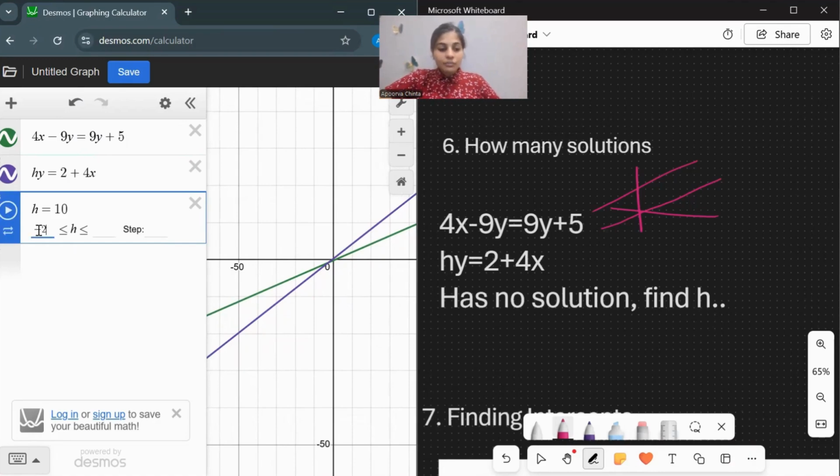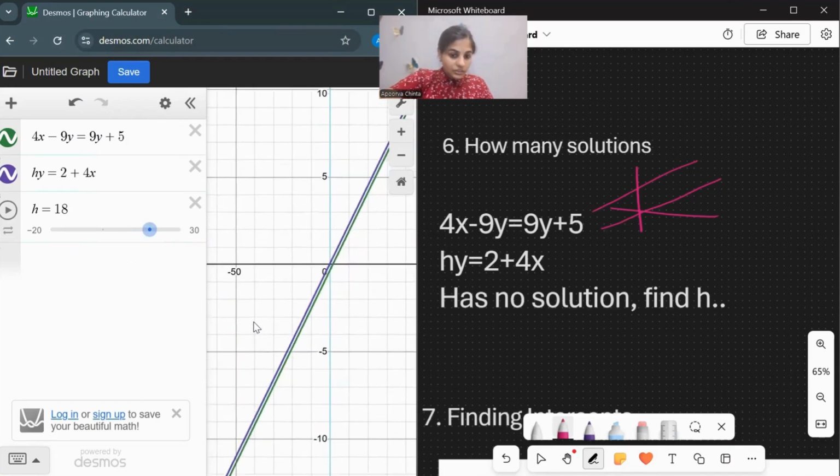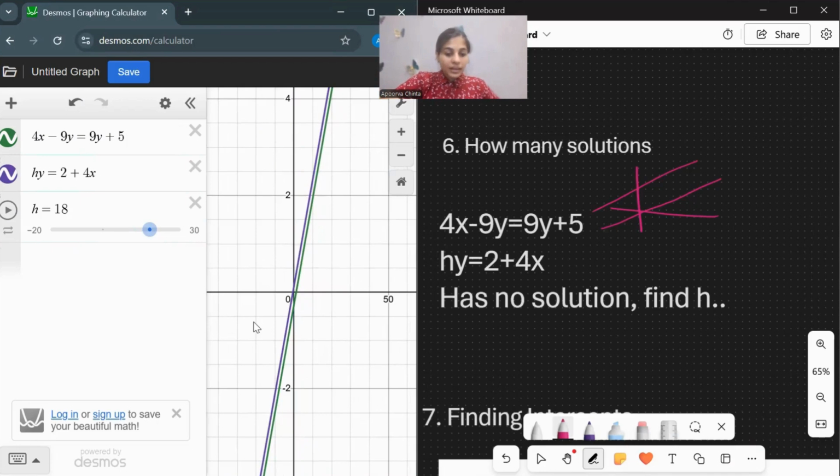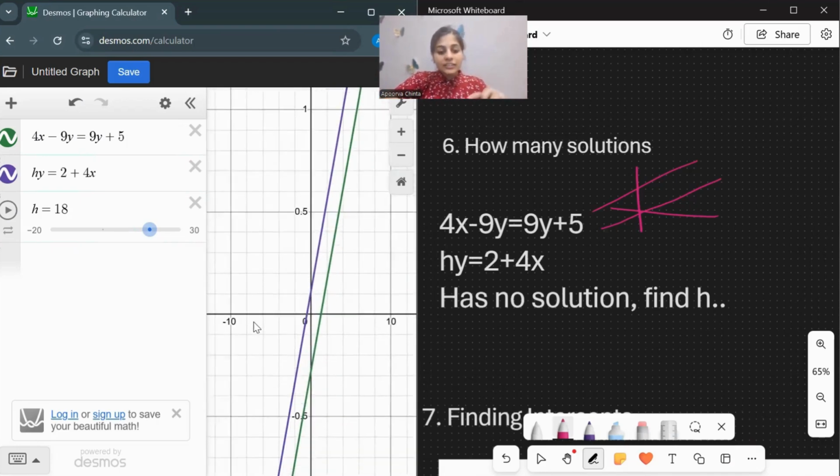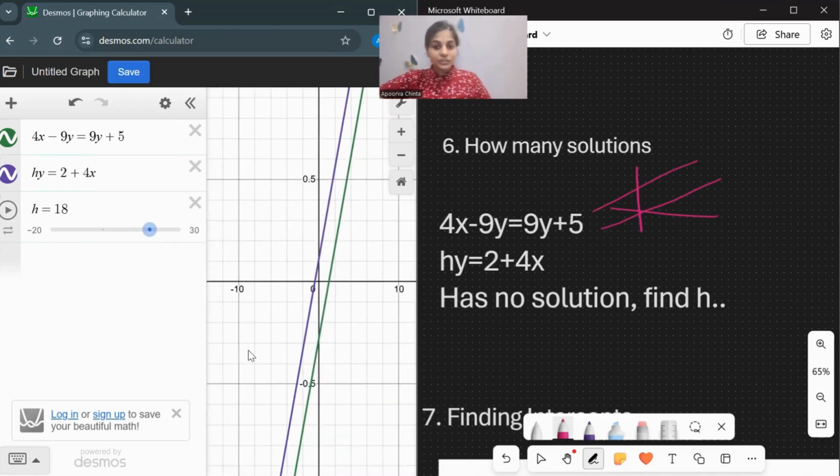So I'll set it from minus 20 to plus 30. Now let's slide the slider and make a line parallel to the green one. I can see that it is almost parallel. Let's say h equals 18. They are almost parallel to each other. So the answer must be h equals 18.